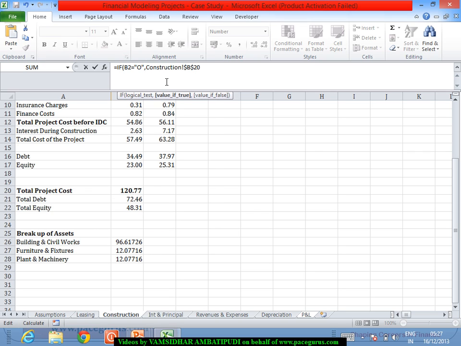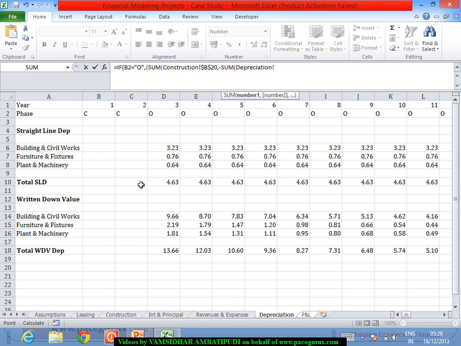I'll be subtracting, or probably let me say summation of the total project costs, minus summation of whatever has been depreciated till date.